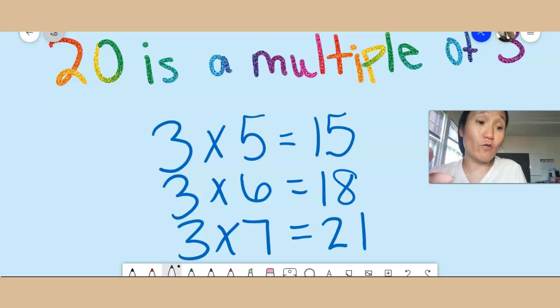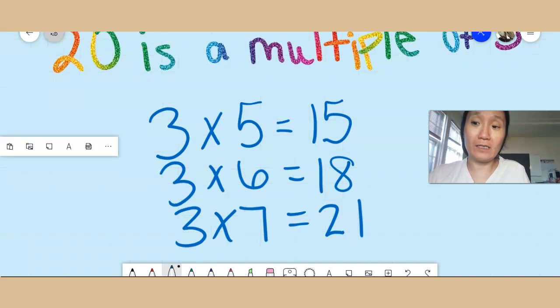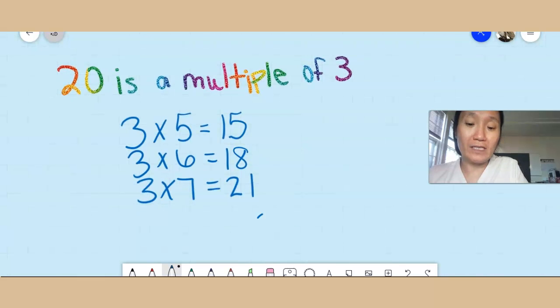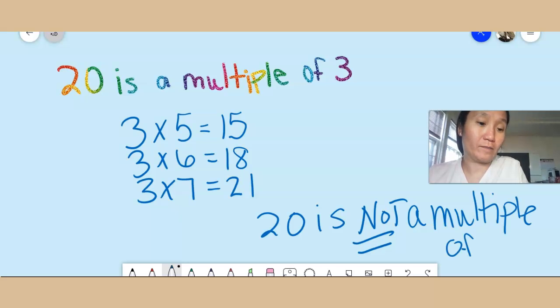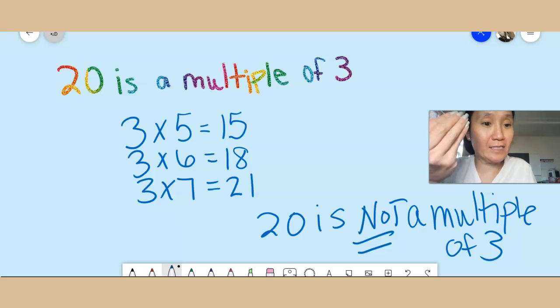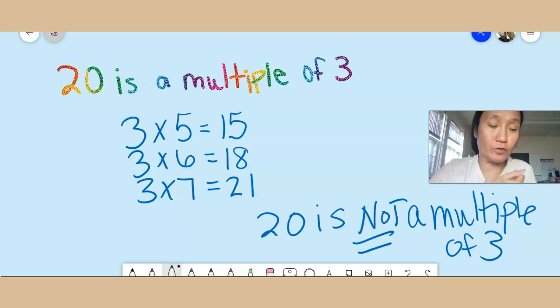It hops right over the top of 20. So 20 is not a multiple of 3. Never ever will it be, because I can't take 3, skip count or multiply, and get the answer of 20. Not ever.